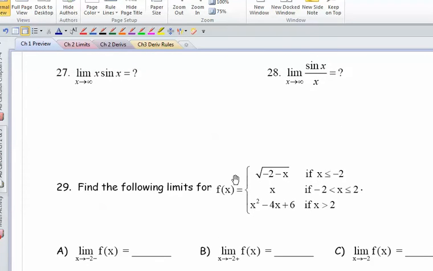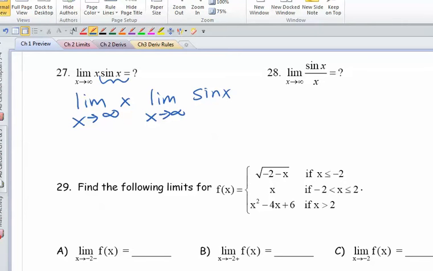All right, what happens with the product of these two as x goes to infinity? We can say that the limit of a product is the product of the two limits. And then we can think what happens as x goes to infinity.